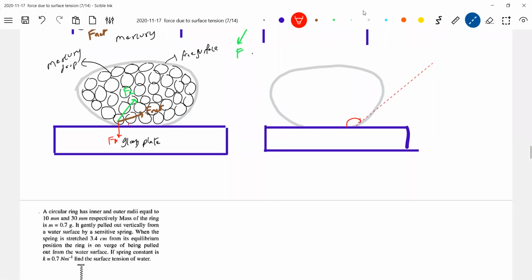Can you show the tangent, the force due to the surface should act tangentially? Tell me, what is this force? Force exerted by the mercury on the glass. By the glass on the mercury drop will be in this direction. Because the force due to the surface should act tangentially, and this is the theta. So what should I call this F?